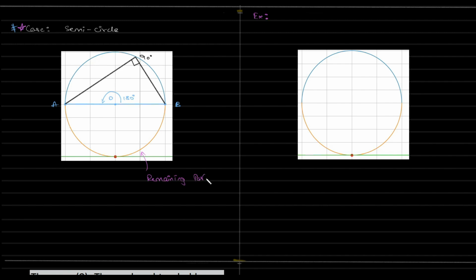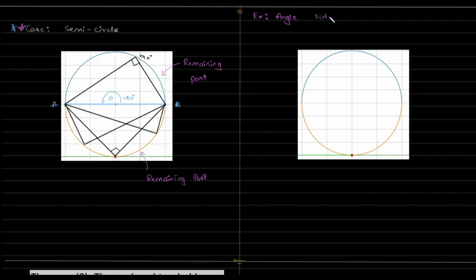So let me explain this. See, if the angle is subtended with this end as well, wherever, doesn't matter, all of this will be 90 degree. Okay, so remaining part is on both the sides. So this is your picture. So let me end with an example.